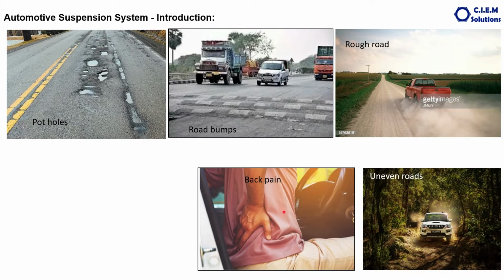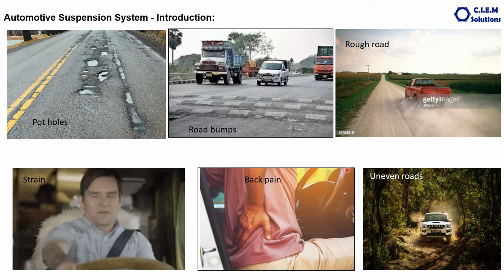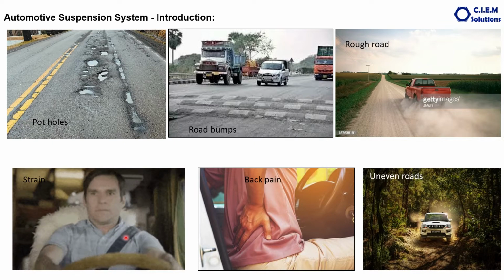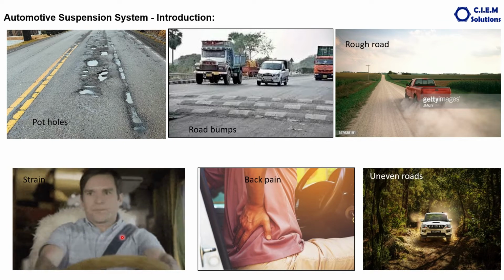It leads to complications like back pain to the driver as well as the passengers traveling in the vehicle, cracks or breakages in the metallic parts of the vehicle, and ultimately creates a lot of strain on the driver. So what is required here?